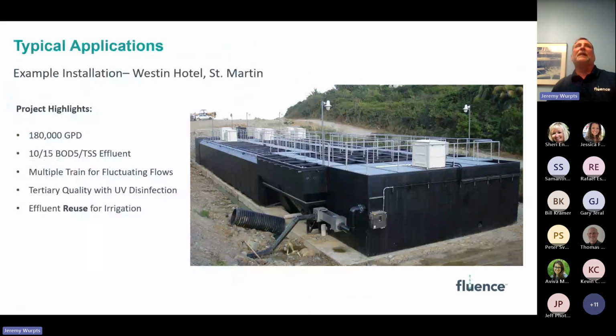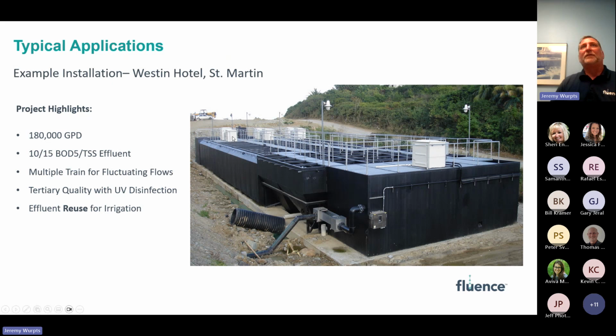And then a specific example is the Westin Hotel in St. Martin. This is one of the larger systems we provide at 180,000 gallons a day. And we are treating to 10/15 BOD and TSS effluent limits, specifically because they do reuse this wastewater for irrigation on site.